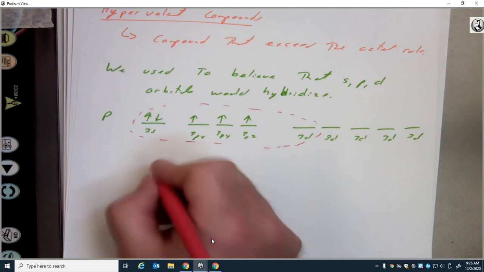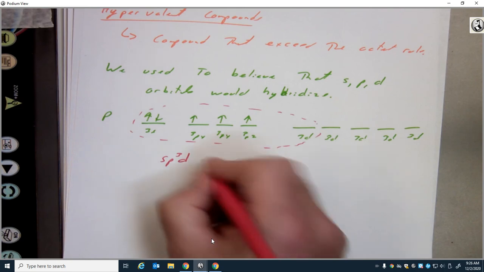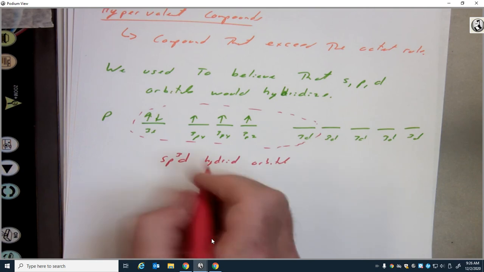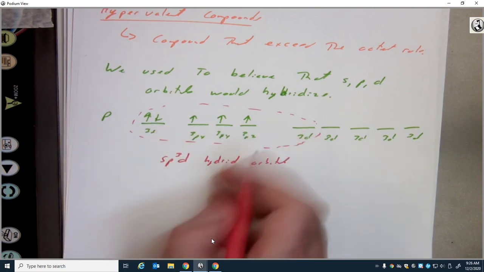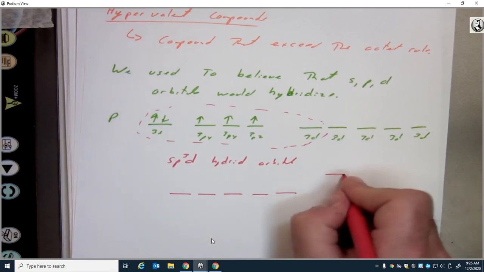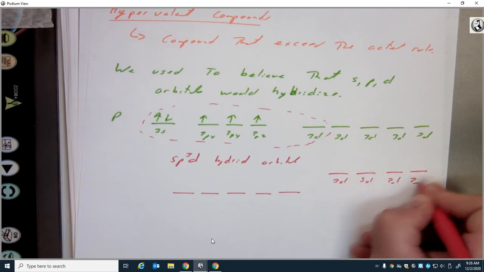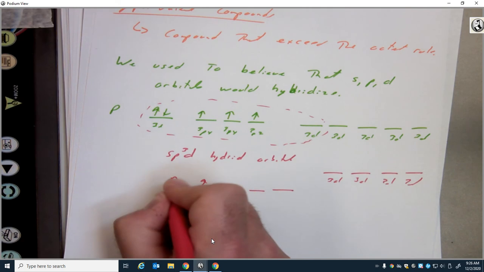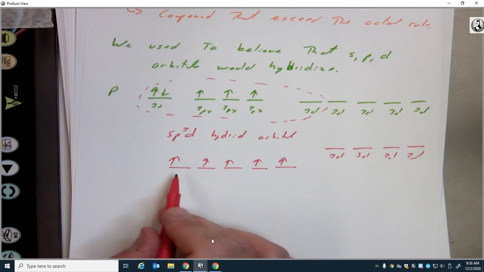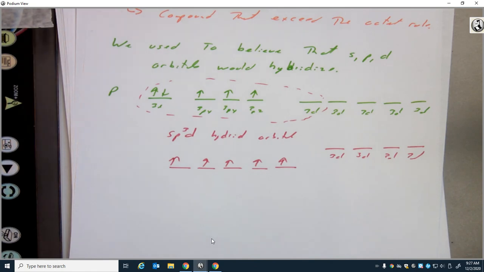And these would be called sp3d hybrid orbitals. And we would get, well, we're mixing 1, 2, 3, 4, 5 orbitals, so we would get 5 of these. And then there would be these 4 3Ds left. We would get up, up, up, up, up, which means now we can have 2, 4, 6, 8, 10 electrons around phosphorus.